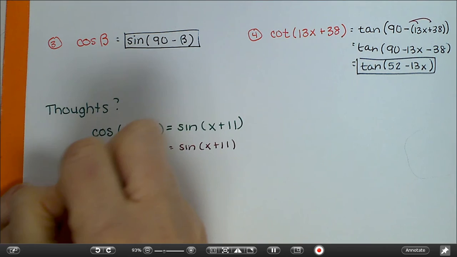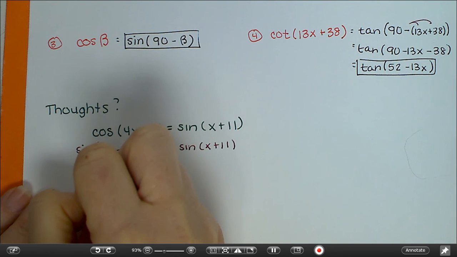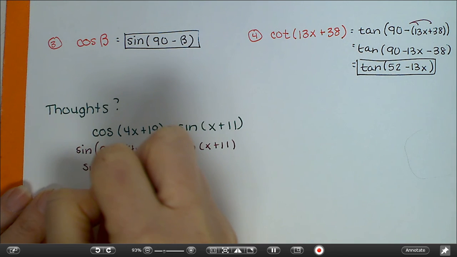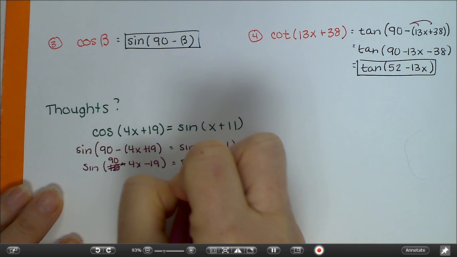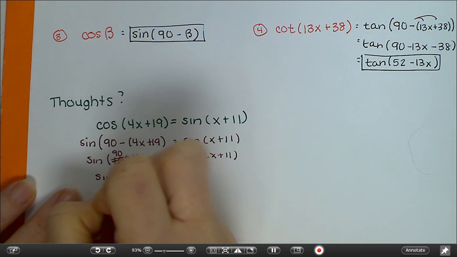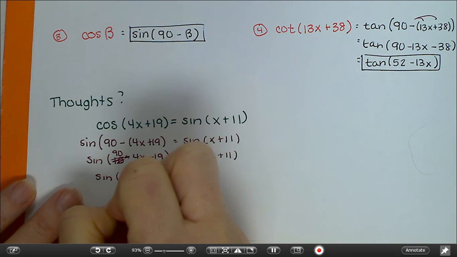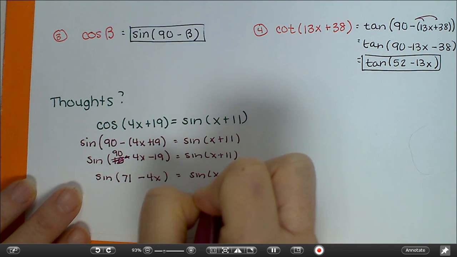So I'm going to simplify that. Sine of 90 minus, oops, I almost made that same mistake, 90 minus the quantity 4x plus 19. And again, the right-hand side's not changing right now. So sine of 71 minus 4x equals sine of x plus 11.